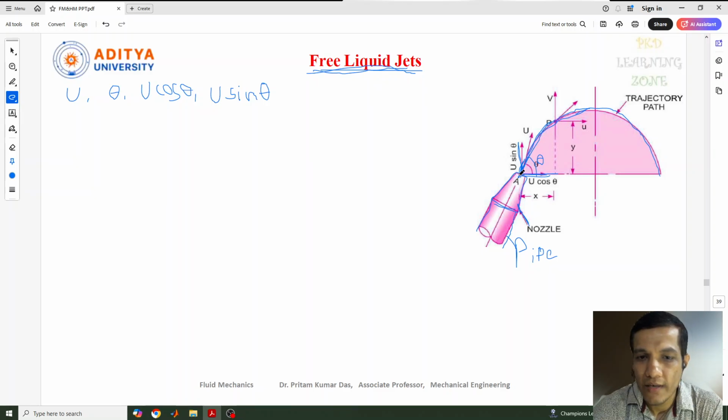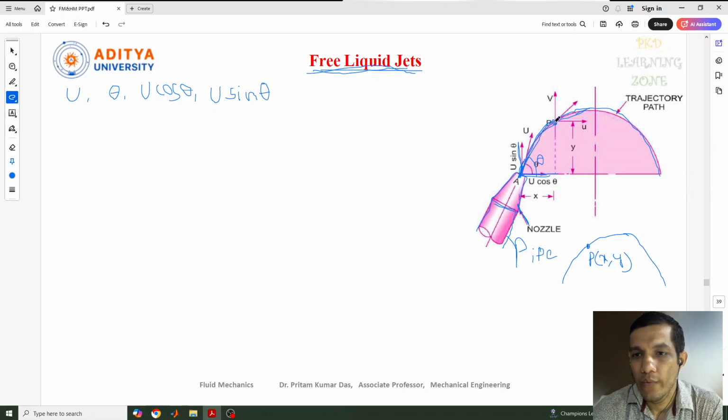And now in this movement, let's consider another point. In this path, the liquid starts like this and moves, and it will reach a maximum height as I told, and after that it will start falling down. Now consider a point P here, and give it the name P with coordinates x, y.